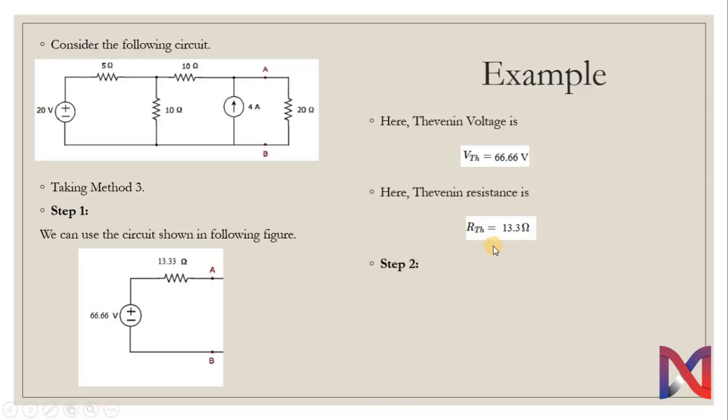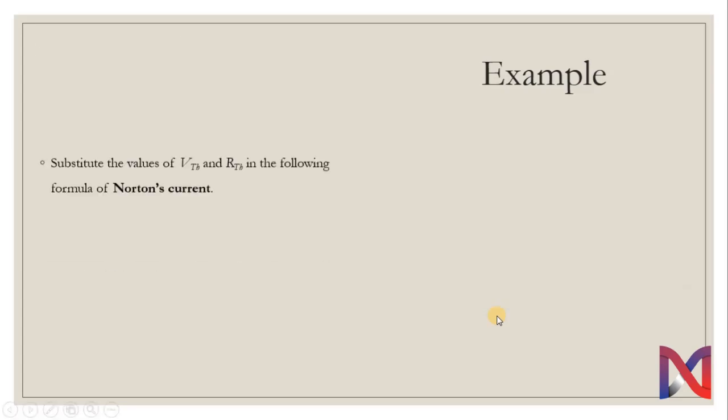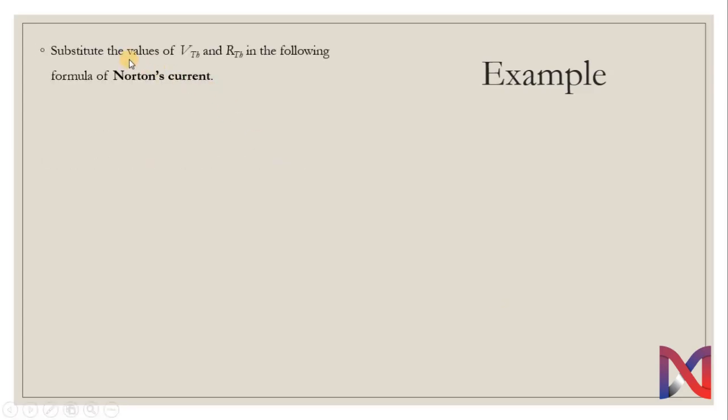Now, step 2 will be the application of the source transformation technique to the above Thevenin equivalent circuit. So we will substitute the values of V Thevenin and R Thevenin in the following formula for our Norton current. IN will be equal to V Thevenin divided by R Thevenin.